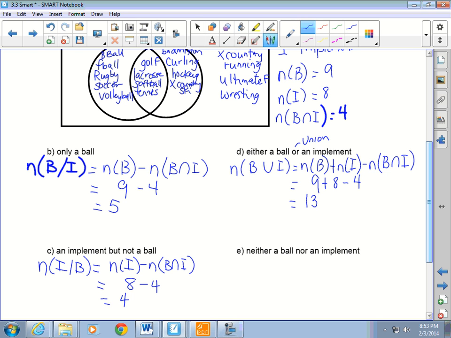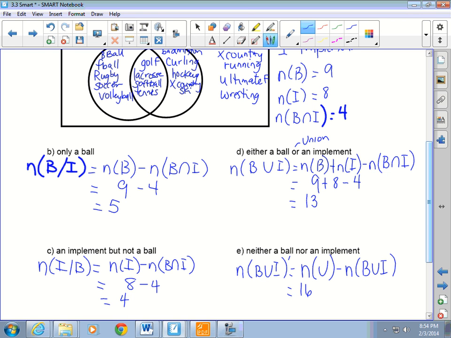And then the last one, neither a ball nor an implement. So nor is the same as the union with the complement, or the prime. So that's the number that are in the whole universal set minus the number that are in either one.